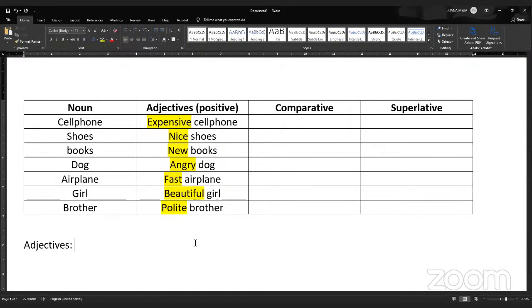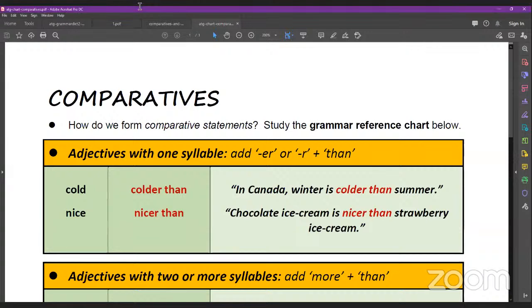As I always say, as an English teacher, I don't need to teach grammar every single time, but I consider this time quite important to refresh your mind about the grammar: how to switch positive into comparative form. So give me a minute. There you go.